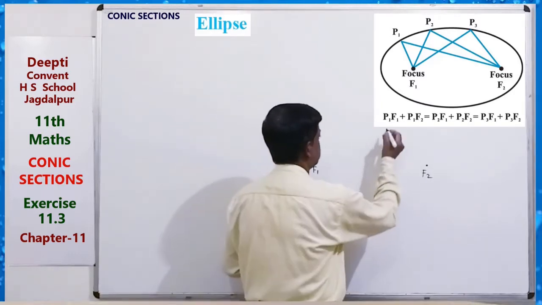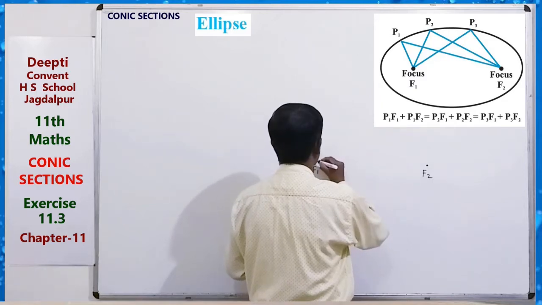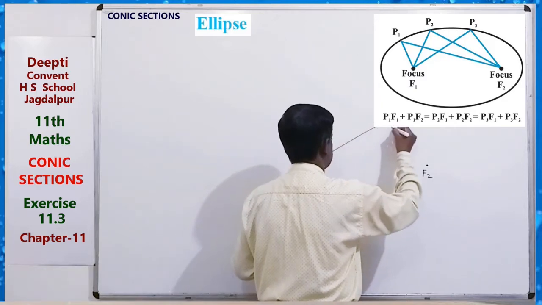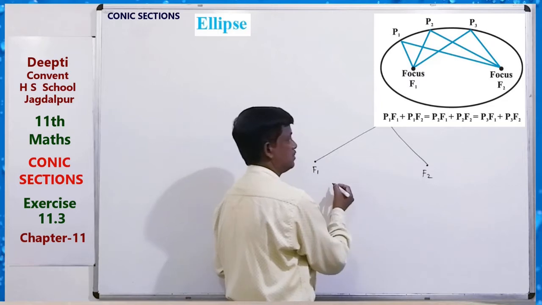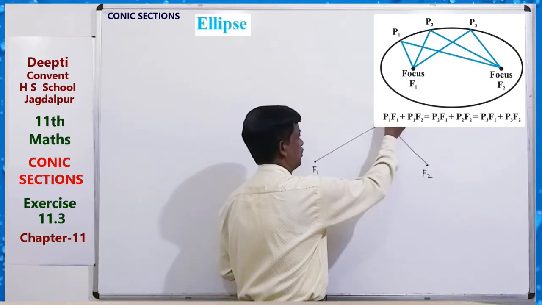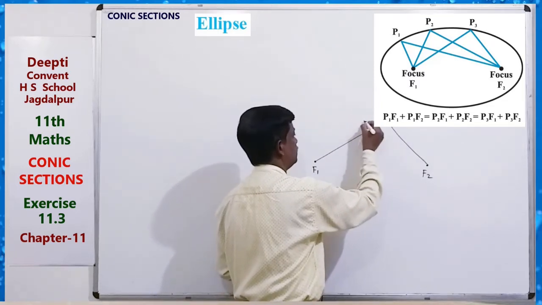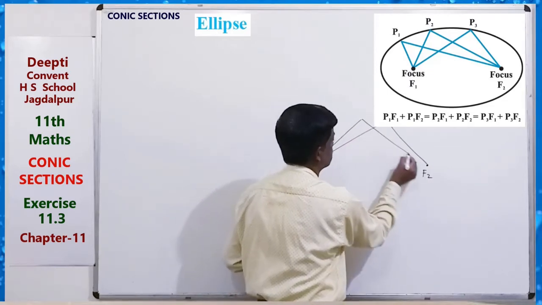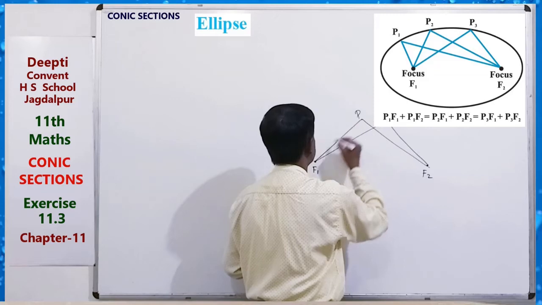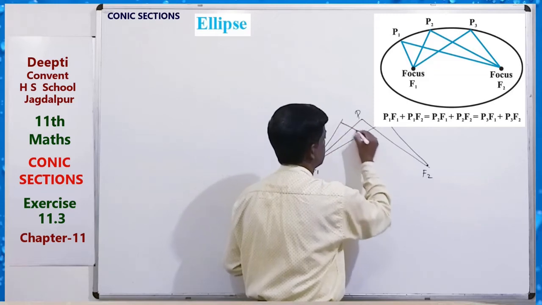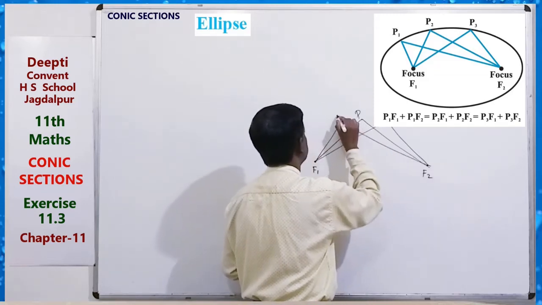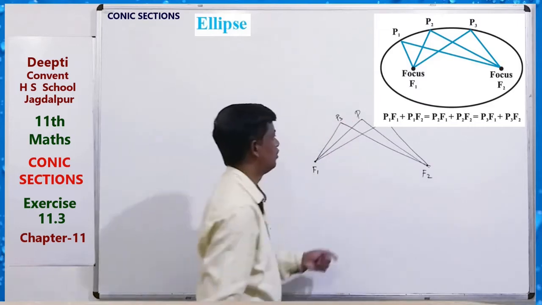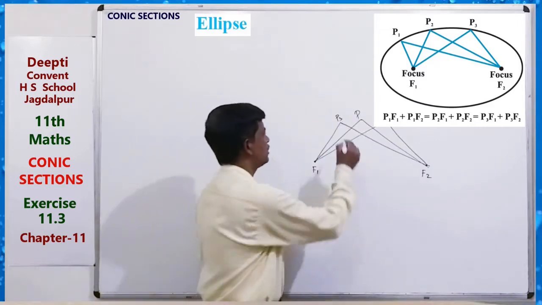Suppose this is a point P1, similarly this is P2, and this is P3. These are the points.